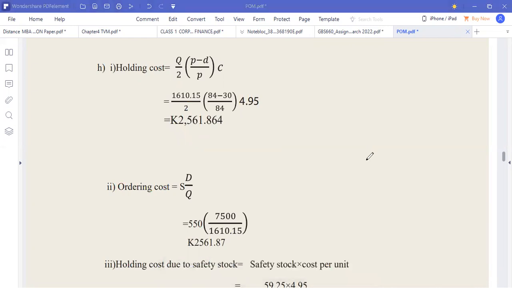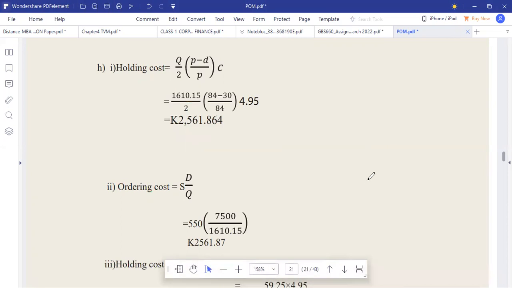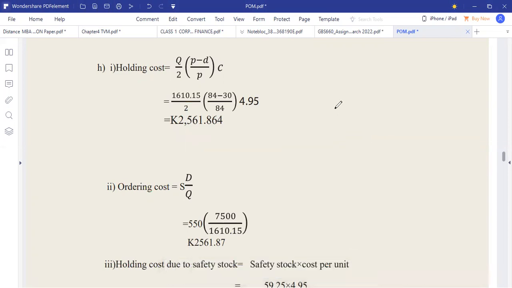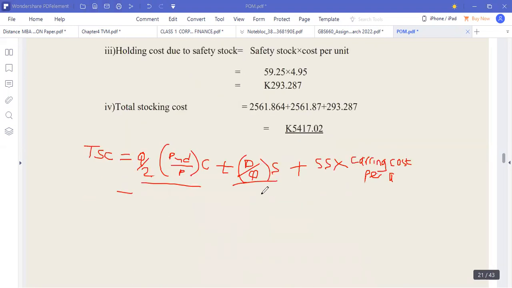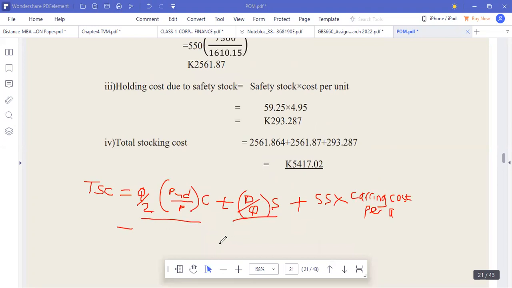All right then, this is what we have. So if you substitute here, this is the carrying cost.